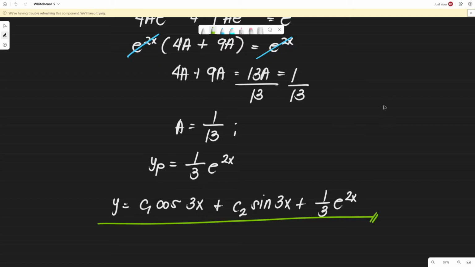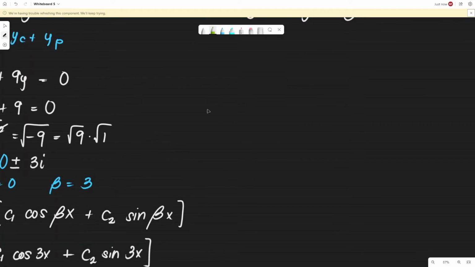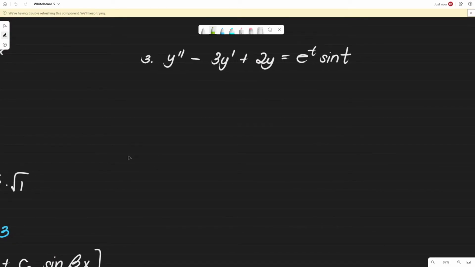So we have here number 3, the last example for this lesson. We have y double prime minus 3y prime plus 2y is equal to e raised to t sine t. So y is equal to yc plus yp.